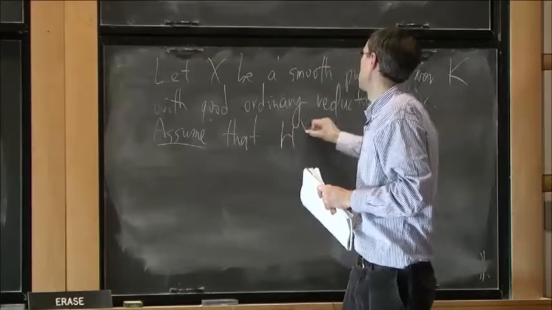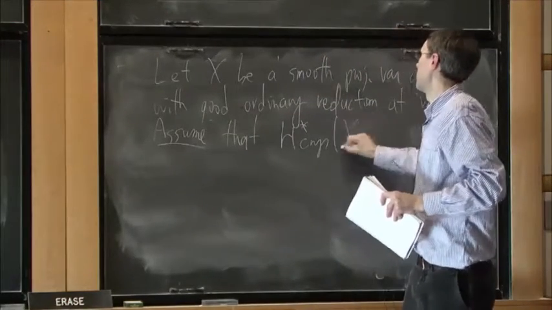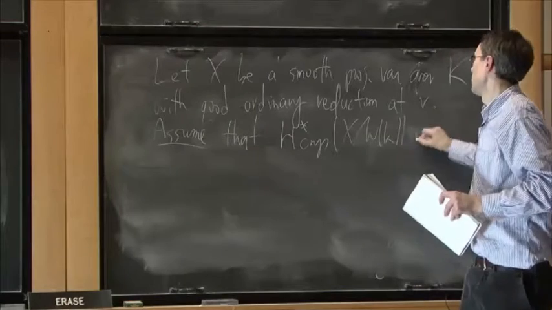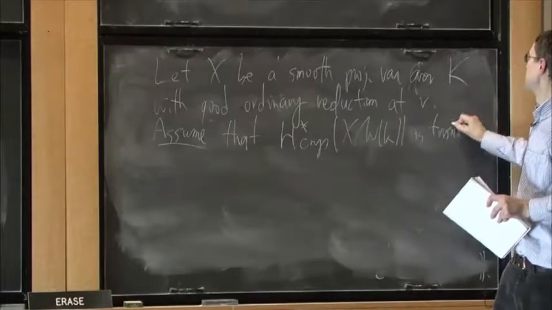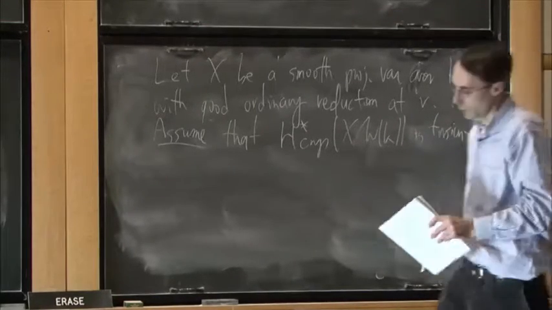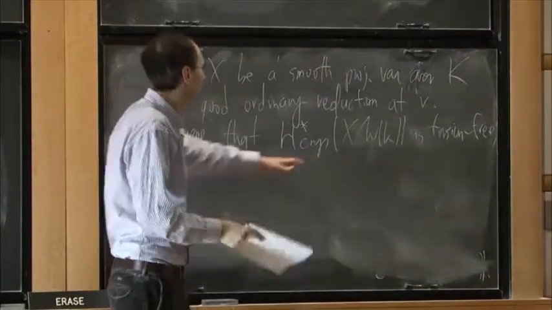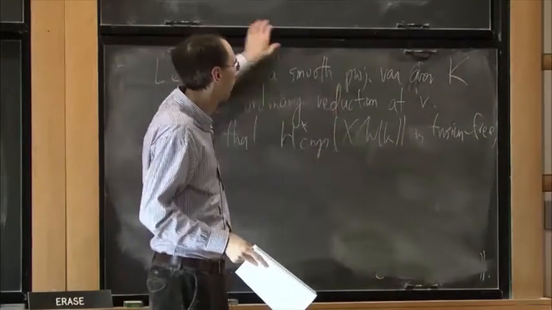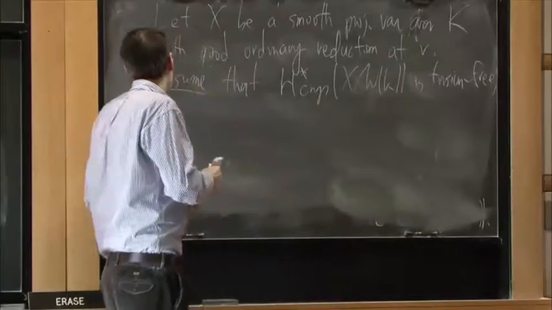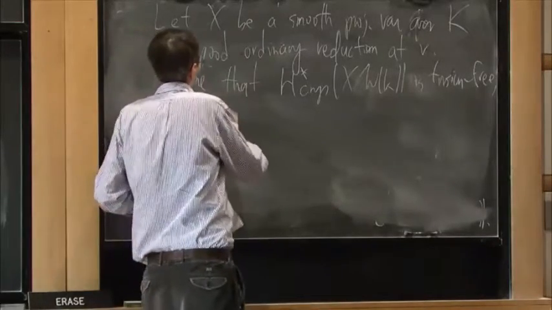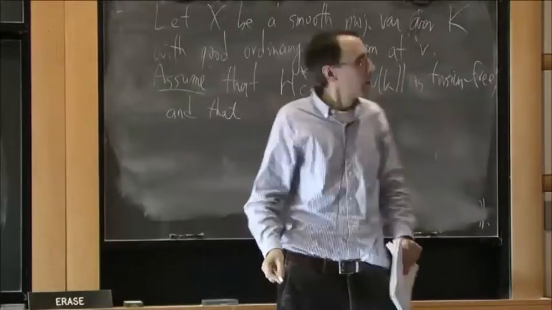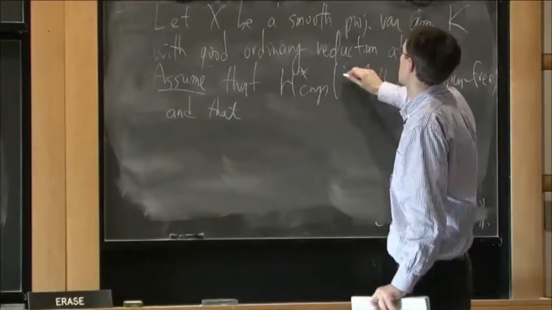Assume there are a few assumptions, but fairly mild actually. Assume that the crystalline cohomology of X is torsion-free, which will certainly be true in the cases that I'm talking about, where X is an abelian variety. Maybe Y is called the special fiber.